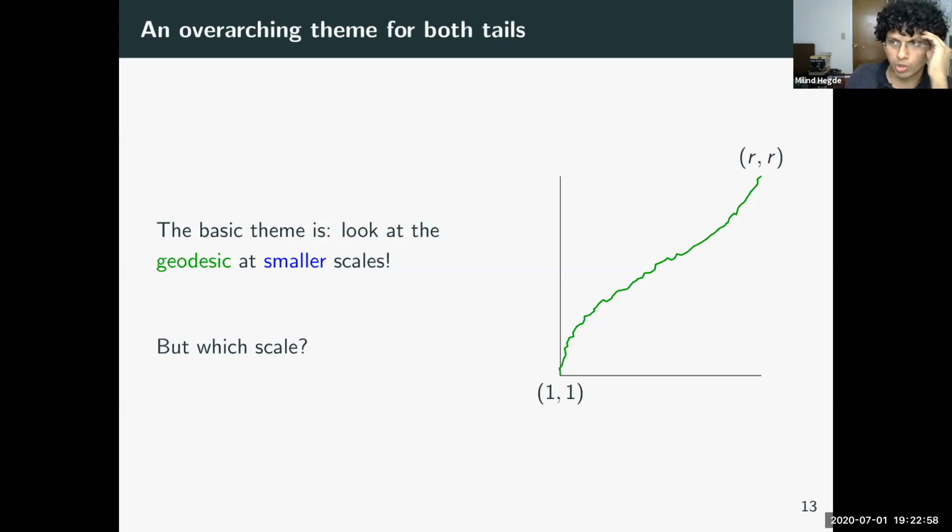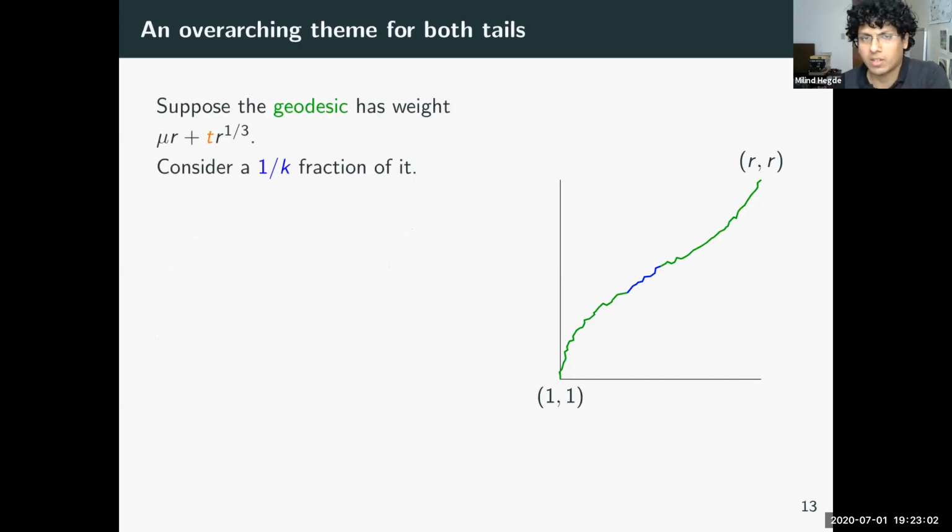to study it at. Suppose we're looking at the event that the geodesic has a high weight of mu r plus t times r to the 1/3. This is what we're trying to bound. What I'm going to say is also applicable if it's minus t instead of plus t, but for concreteness, let it be plus t.